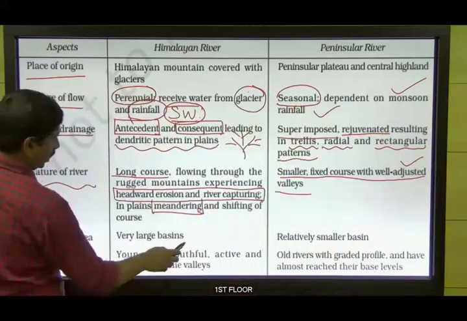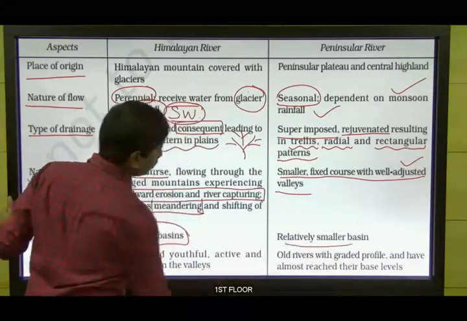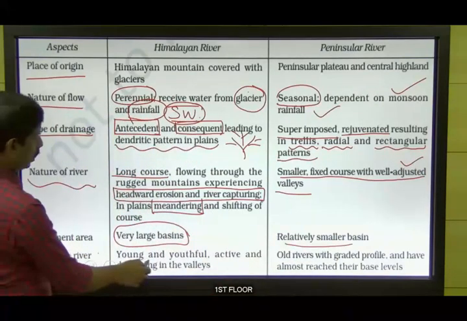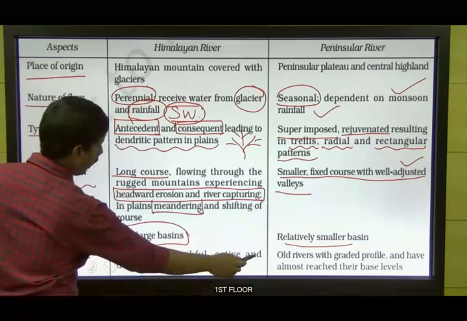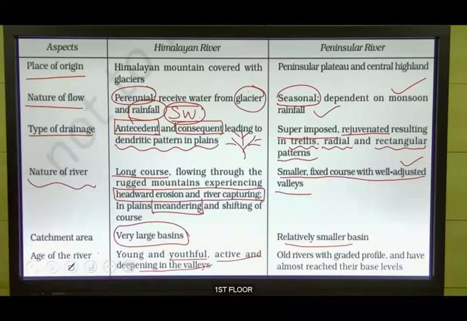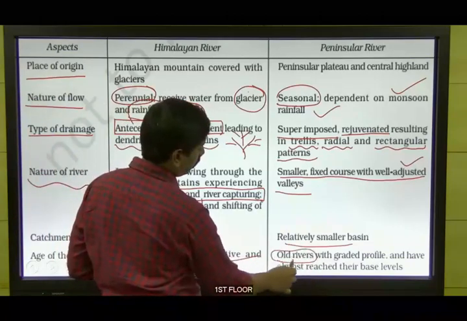Catchment, very large basins. Here relatively smaller basins. Age of the river, young, youthful stage. So active and deepening in the valleys. Okay, these are old rivers. I told you about the Chambal and all.